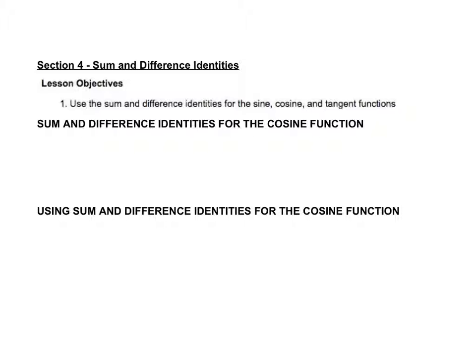And what we're going to be doing here is talking about the sum and difference identities in trig functions. Okay, so we're going to use the sum and difference identities for the sine, cosine, and tangent functions.